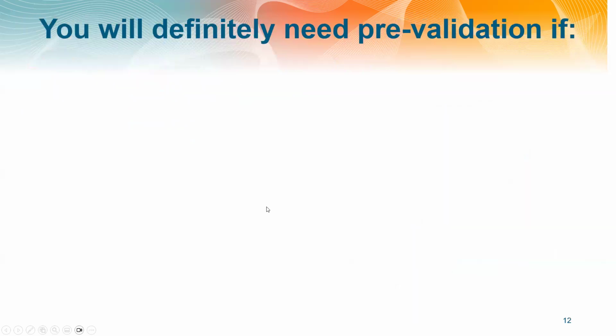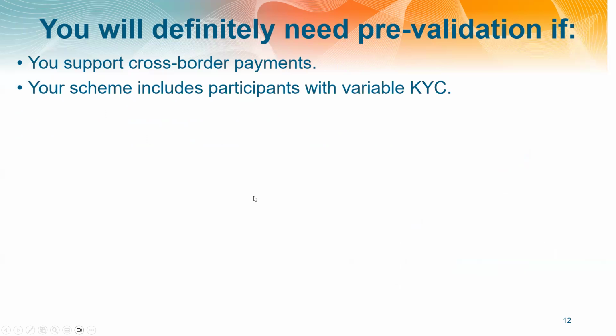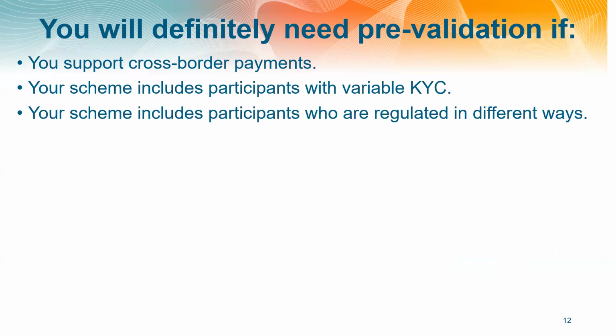However, you will definitely need pre-validation if you're going to support cross-border payments, if your scheme includes participants with variable KYC, if your scheme includes participants who are regulated in different ways. Now, if there is a possibility that your scheme is going to need to accommodate those sorts of things, then at the time when you do, you will need to be able to support pre-validation.